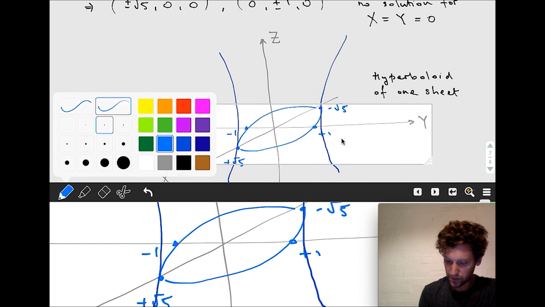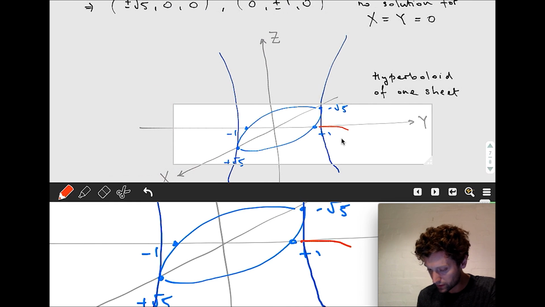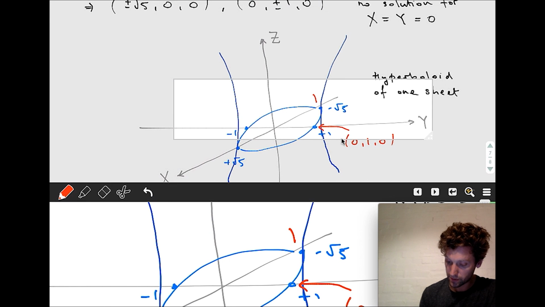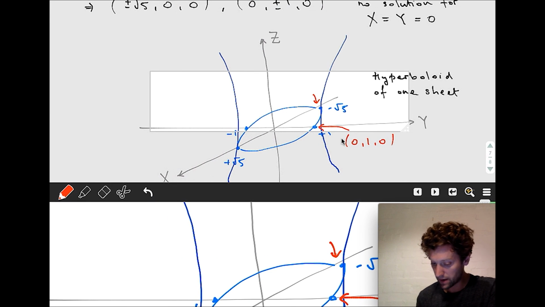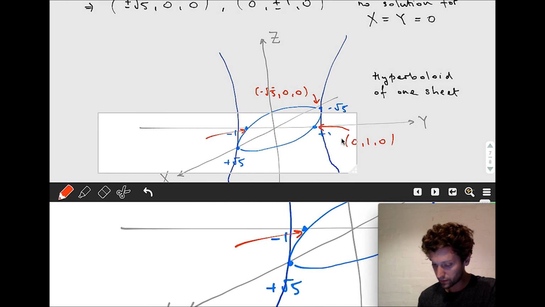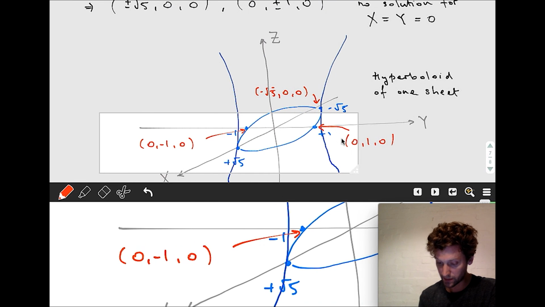So let's use a different color. This point here corresponds to when big Y is equal to plus 1. So that's 0, 1, 0. This point here corresponds to when big X is equal to minus root 5. So we get minus root 5, 0, 0. This point here is going to correspond to when Y is equal to minus 1, X is equal to 0, and Z is equal to 0.